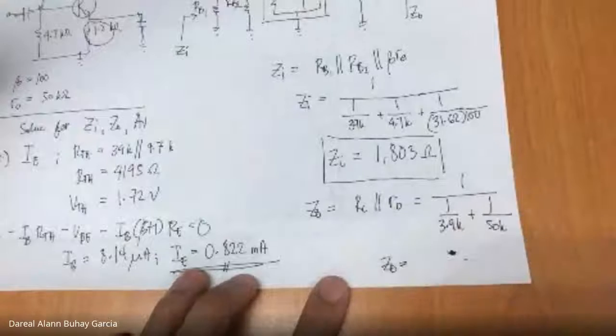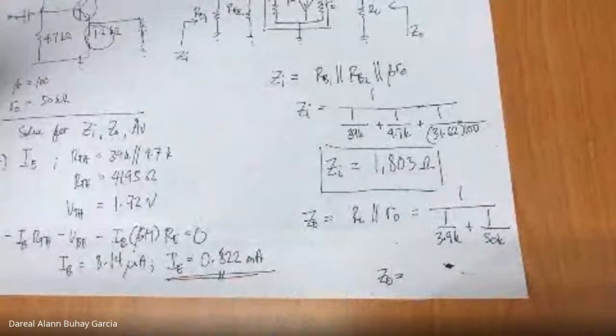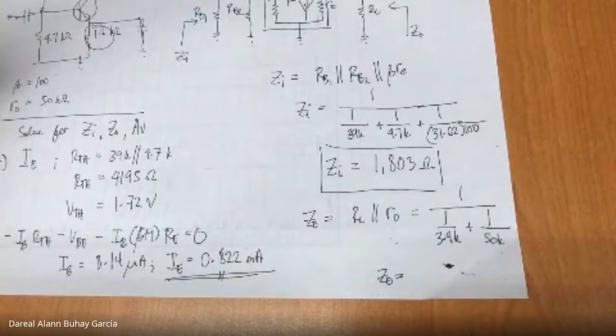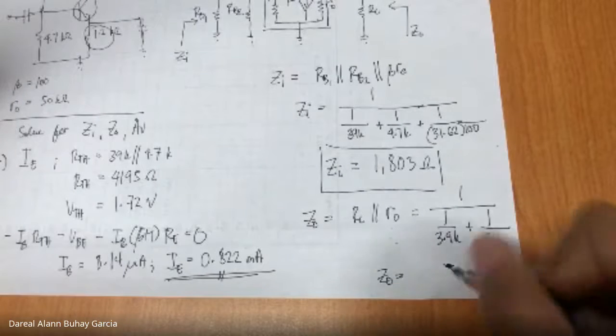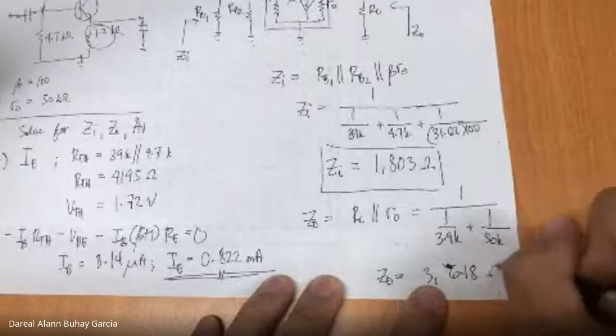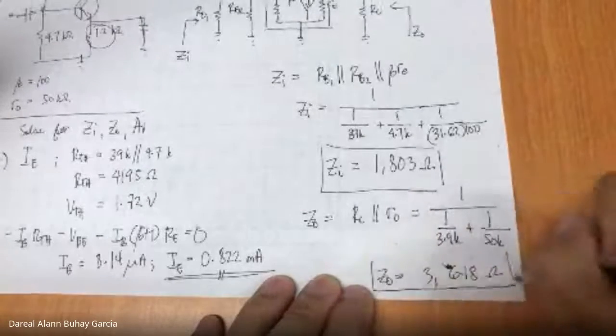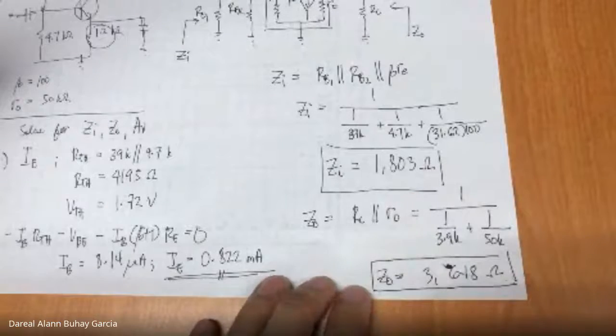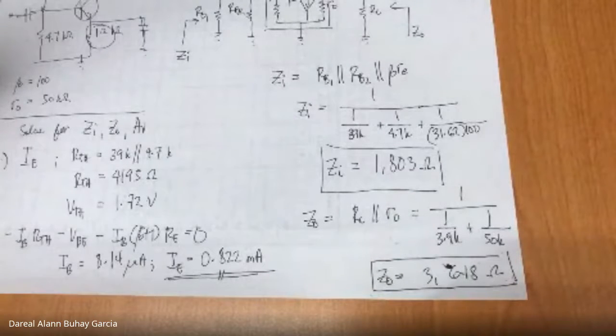Therefore, ZO is equal to 3,618 ohms. Yan na.